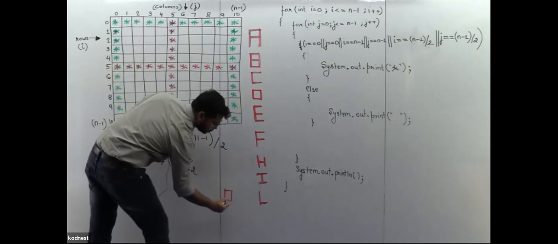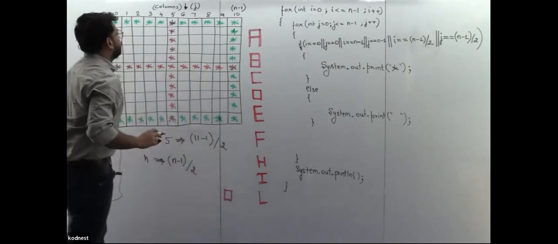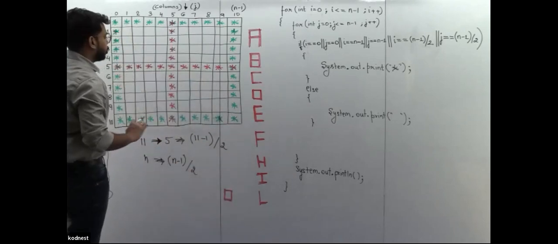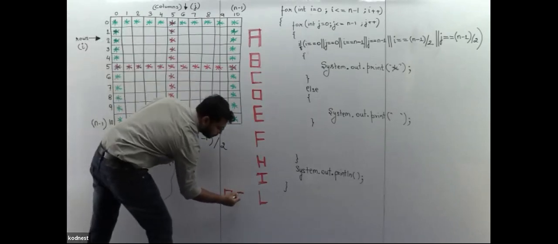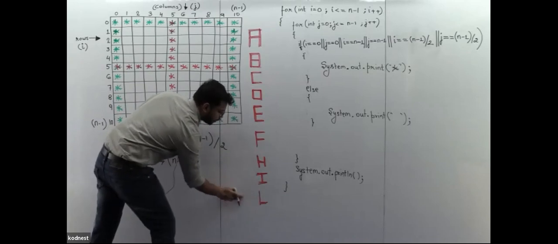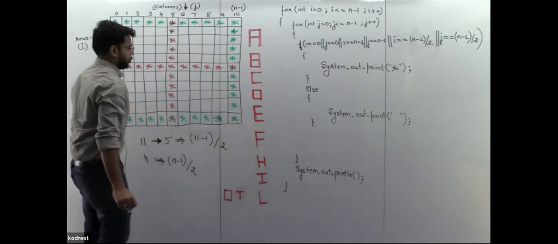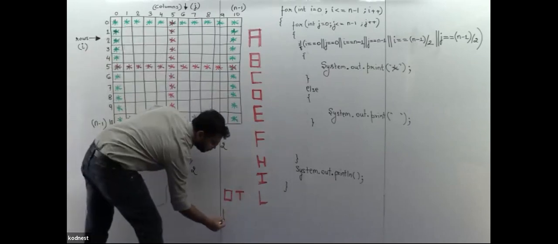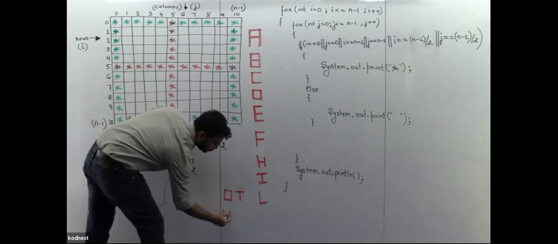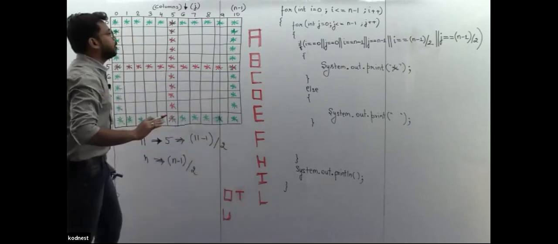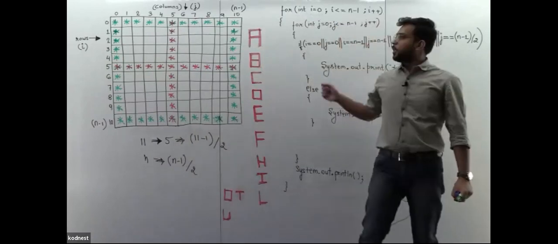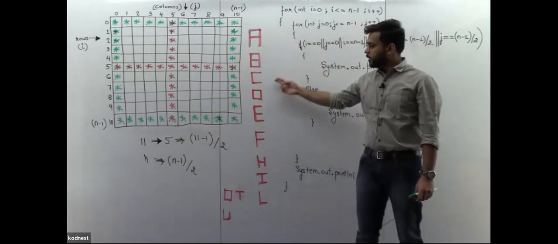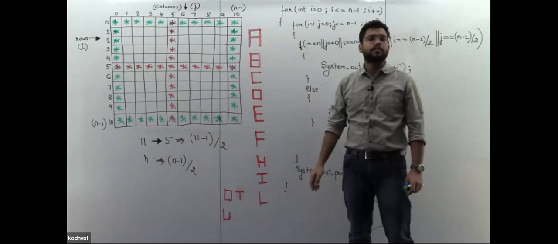This is O. P, Q, R you leave, S you leave, E you can print, U you can print. V you leave, W, X, Y, Z you leave. Otherwise, if you know this much, these characters are in front of you.